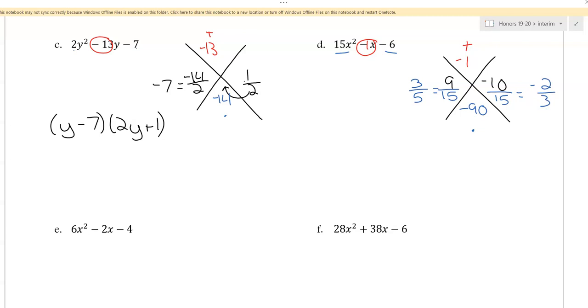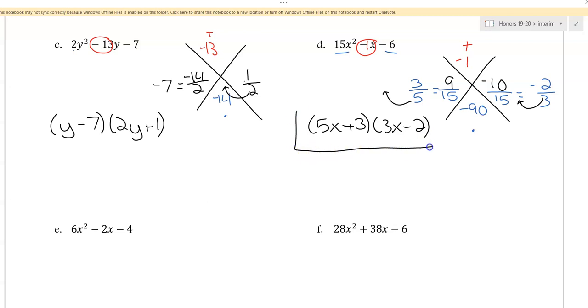Okay, so sometimes you'll have them both reduce. So now we're doing divide and slide. Both of them have something that are going to slide out. 5x plus 3. (3x minus 2). Okay.